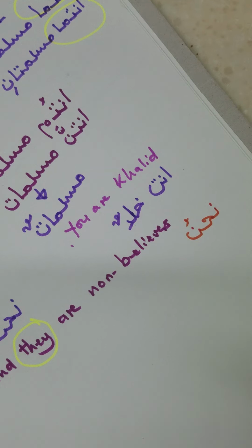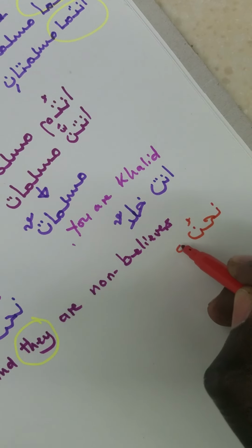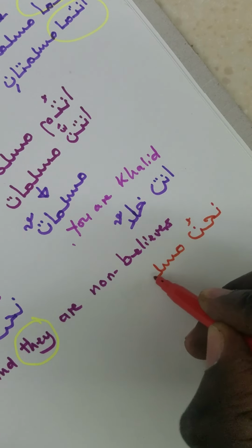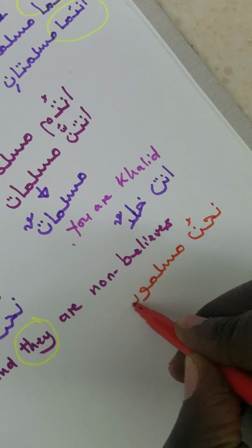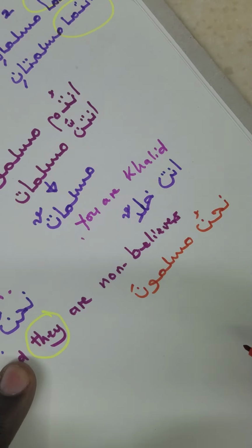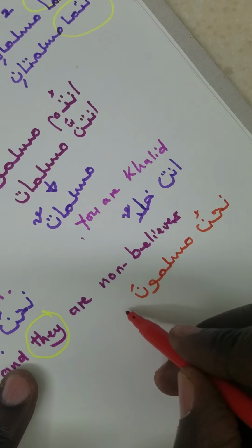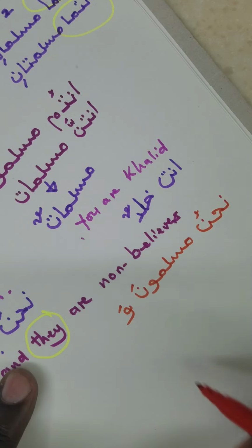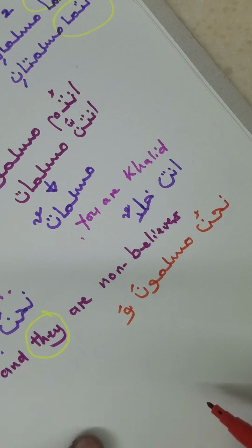Many Muslims are called muslimuna. Nahnu muslimuna. And the word and in Arabic is wa. Whenever you see wa, you know that is and.